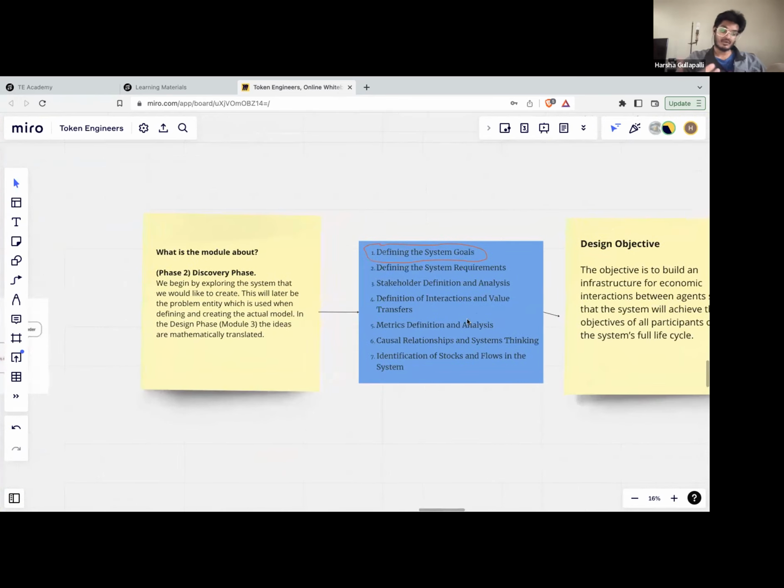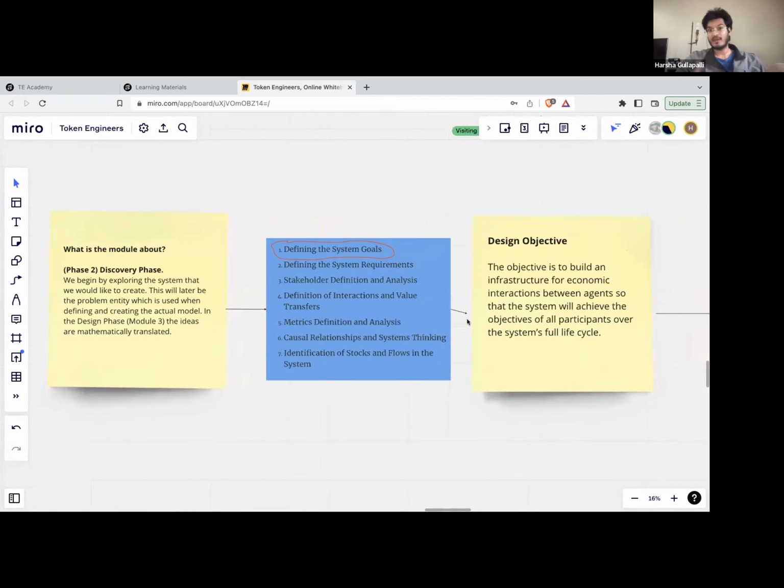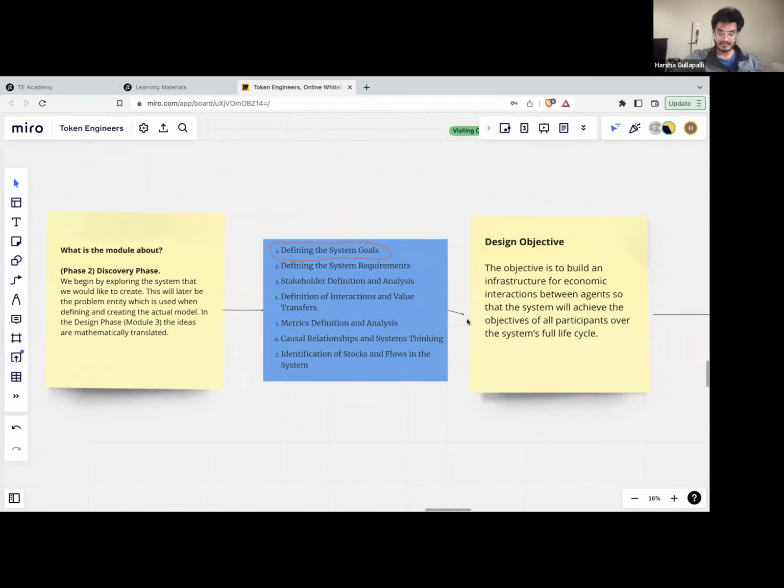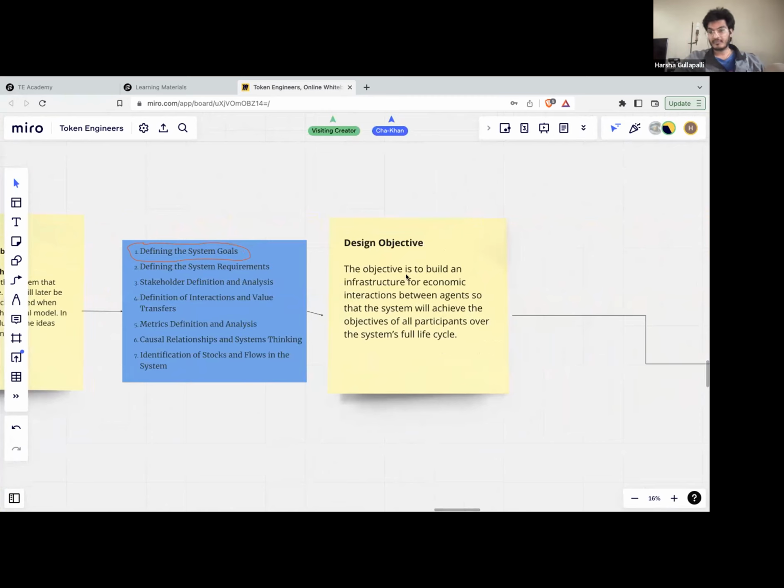And in this phase, what we do is we define the system goals. So why are we creating what we are creating and so on. The design objective is almost similar for all of these: build an infrastructure for economic interactions between agents so that the system will achieve the objectives of all the participants over the system's full life cycle.